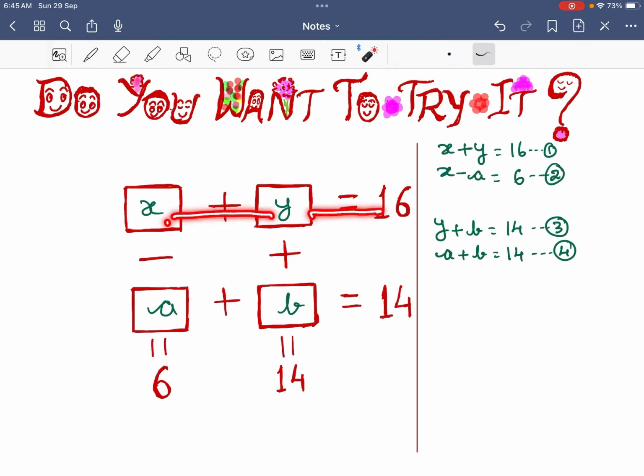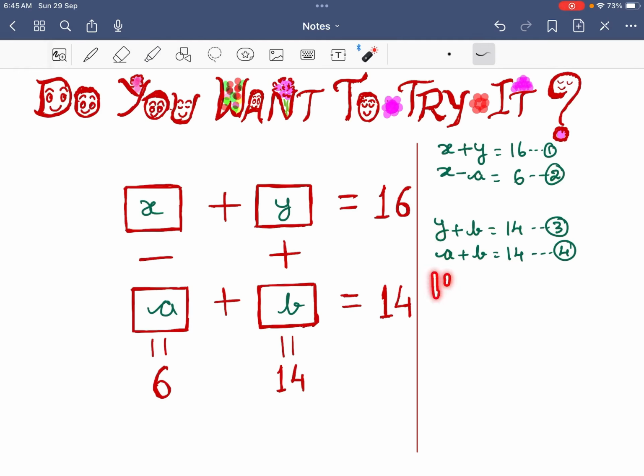x plus y is equal to 16, x minus a is equal to 6, y plus b is equal to 14 and a plus b is equal to 14. So here see, this is very simple. From this only we can simplify. How? Because b is one number. When you are adding y to b, you are getting 14, and when you are adding a to b, also giving us 14.